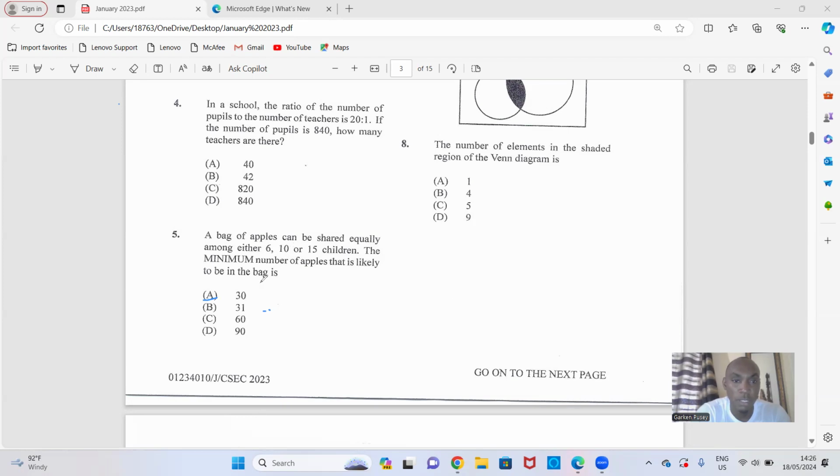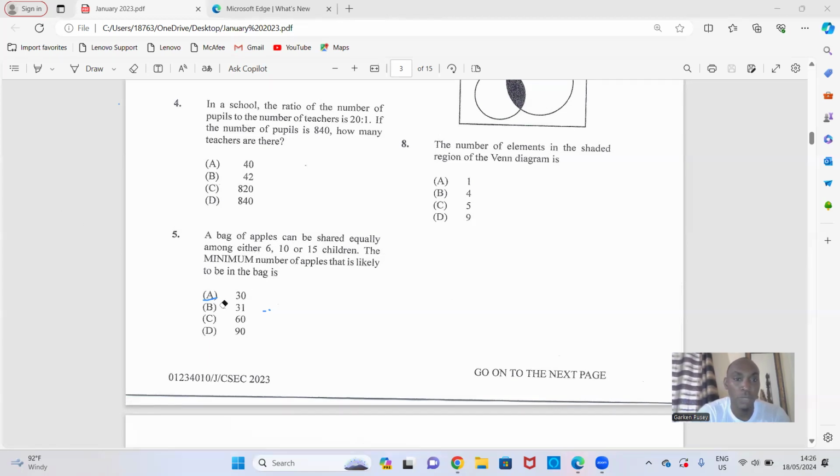Check the next one, 10 can go into 30 and 15 can also go into 30. So we don't need to go any further. So the LCM, the lowest common multiple of 6, 10, and 15 is A. So whenever you see this question about sharing equally among maybe 6, 10, or 15, they're asking for the LCM. And we know the LCM is 30 right here.